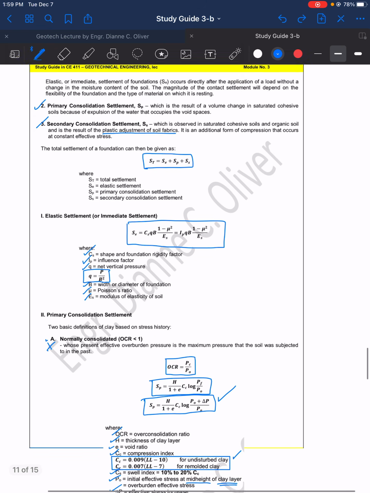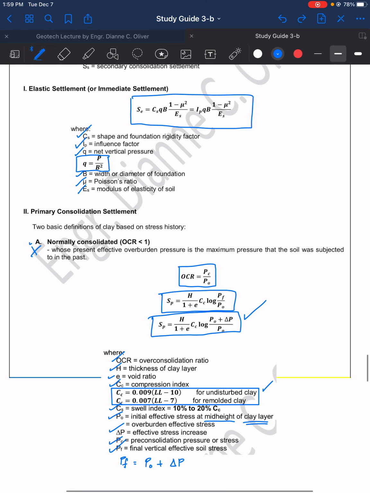So we need to choose. Are we going to the elastic settlement? Do we have Cs, shape and foundation rigidity factor? Do we have Ip, that is the influence factor? Do we have the mu here, or the Poisson's ratio? Do we have modulus of elasticity? No, there's no mention of them in the problem.